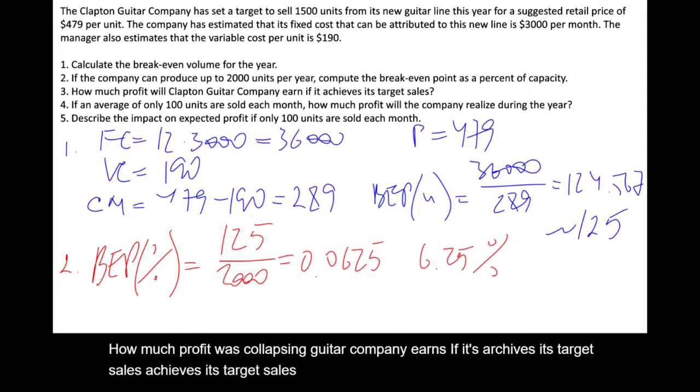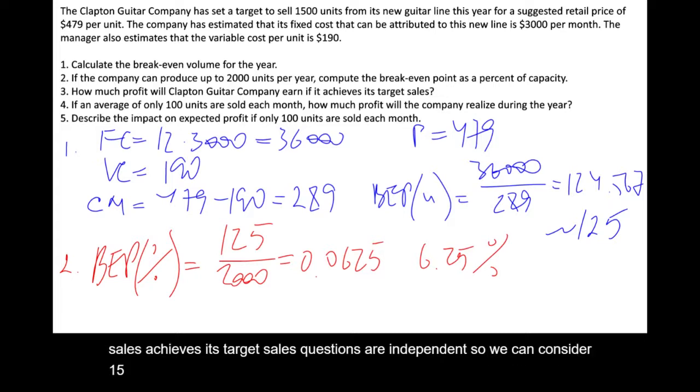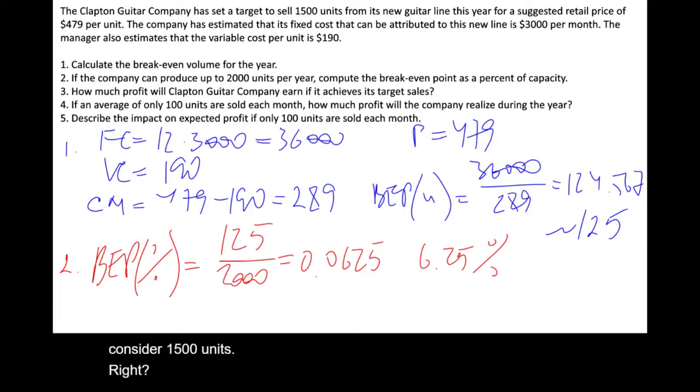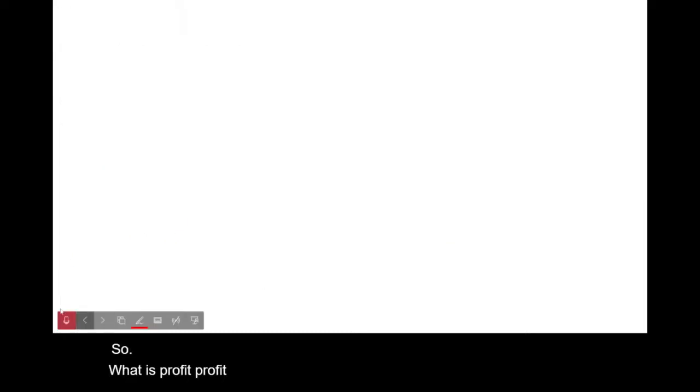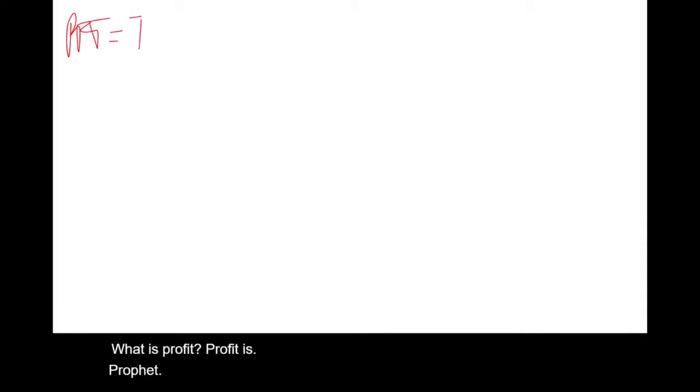Okay, questions are independent, so we can consider 1,500 units, right? So what is profit? Profit is total revenue minus total cost, right?